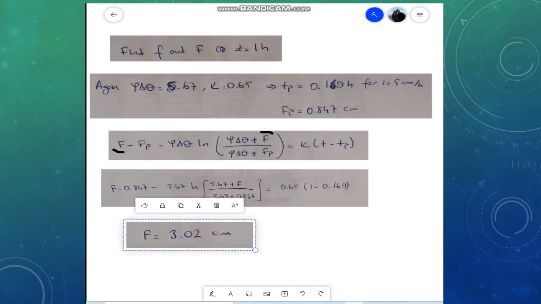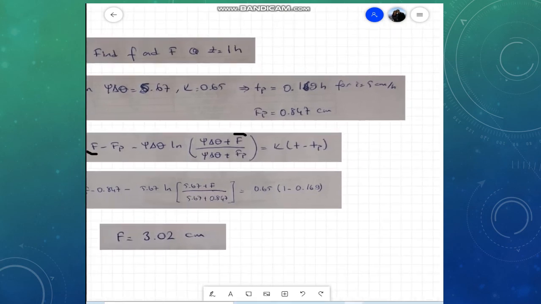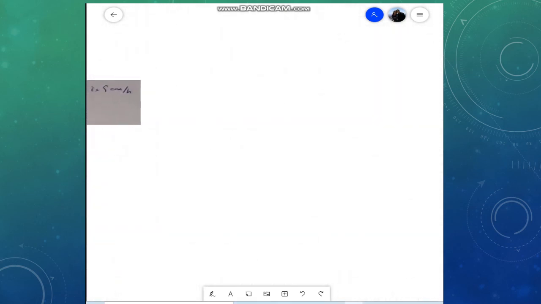If you add this 3.02, you are gonna find 3.02 on the natural logarithm inside as well. Okay. After you find these numbers, what we need to calculate is the infiltration rate. The question is asking not just cumulative infiltration, we need to find infiltration rate as well.